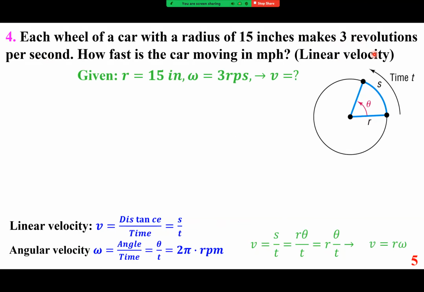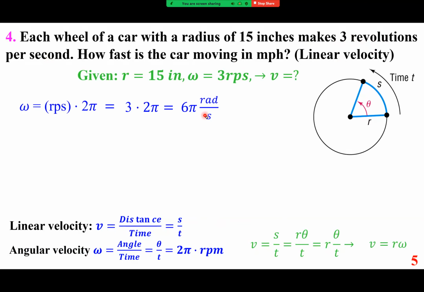So first, omega is 3 times 2 pi, which means 6 pi. That would be radians per second. This is the angular velocity.